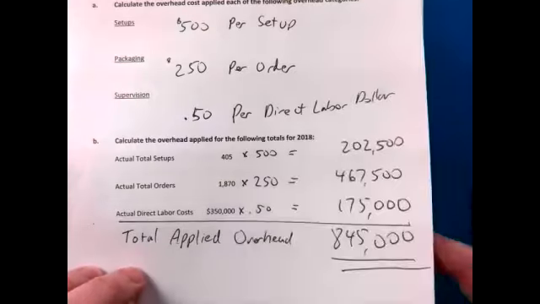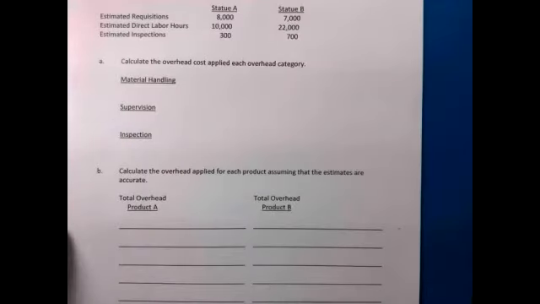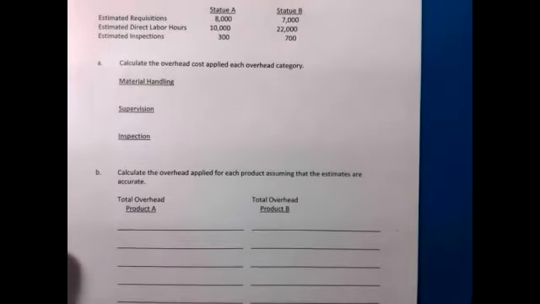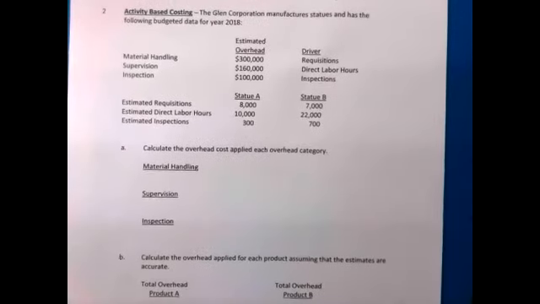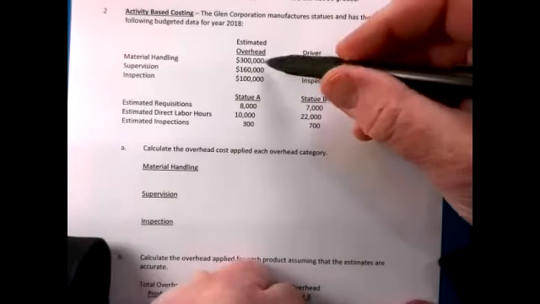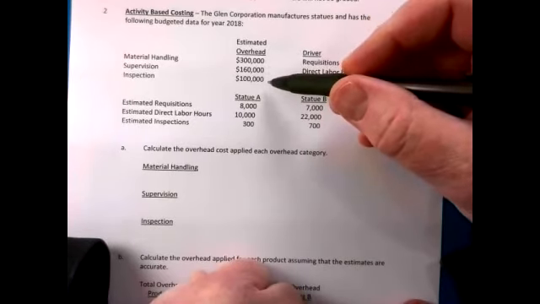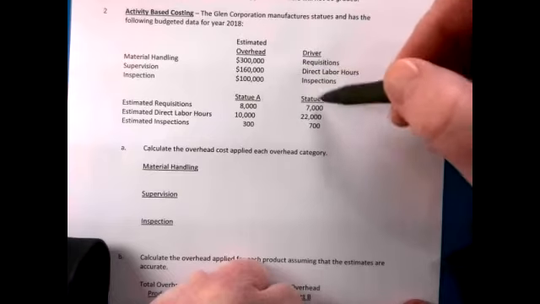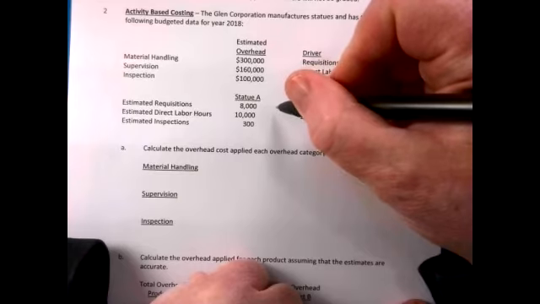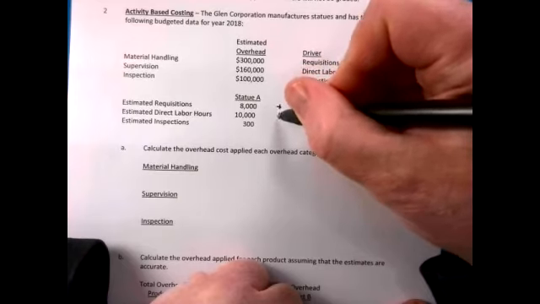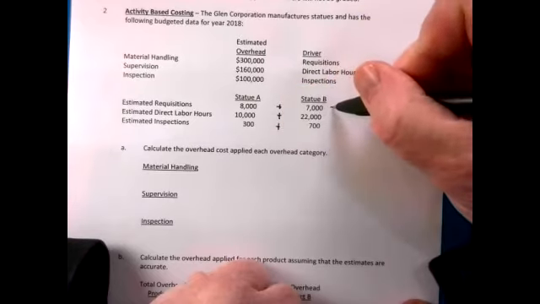Okay. And number 2. Okay, number 2, we have to do a little bit more work on this one. Okay, so we have the total overhead for the 3 divisions. We have the drivers, but we have to add the drivers up.